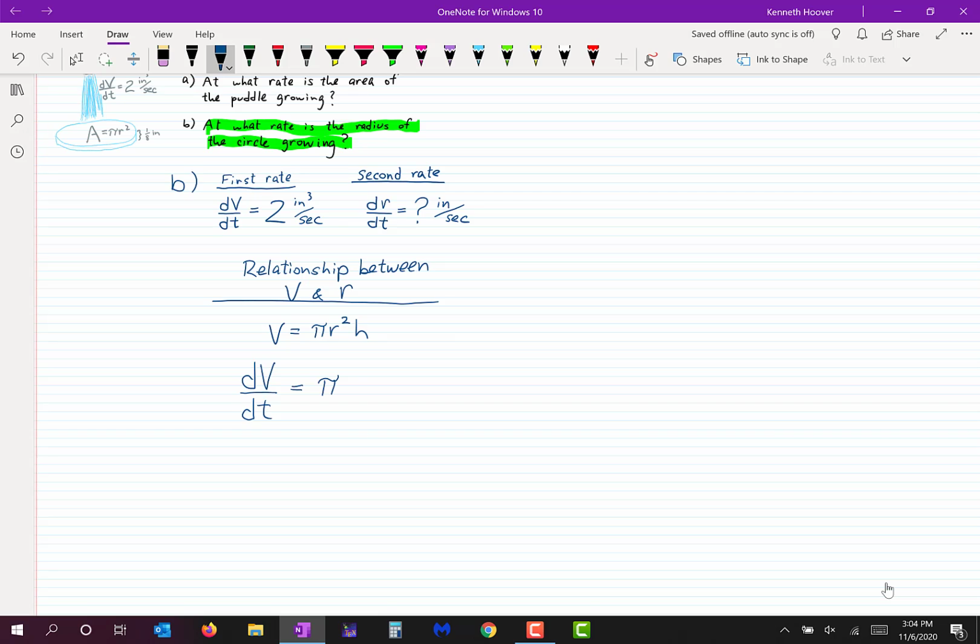H is a constant, so that's not going to change when I do the derivative. R is a function of t, so when I do the derivative of r squared, I'm going to get 2r r prime.